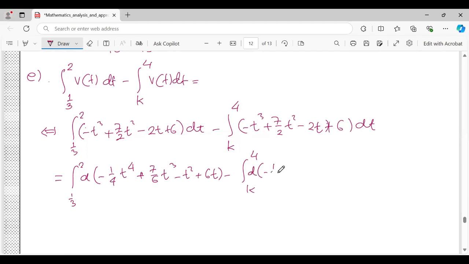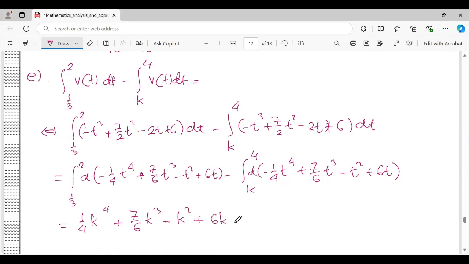And if we calculate, finally we can find the expression 1 over 4 k to the power 4 plus 7 over 6 k cubed minus k squared plus 6k plus 61 55 over 192. That's the solution for number 9E.